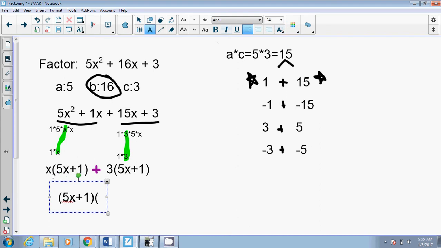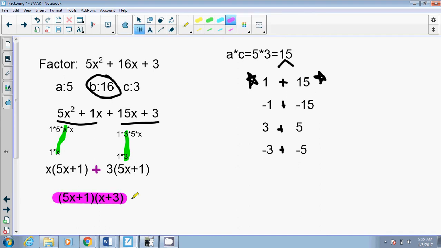What's left in the first part is an x. What's left in the second part is a positive 3. So my factored form for this polynomial is the quantity 5x plus 1 times the quantity x plus 3.